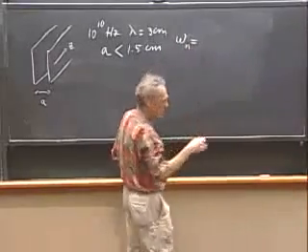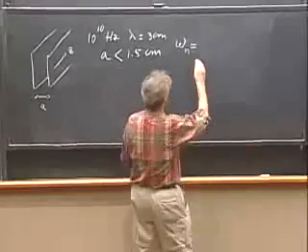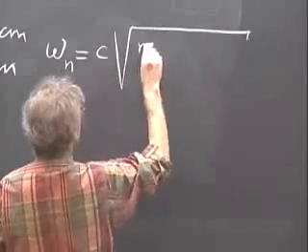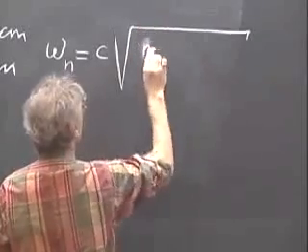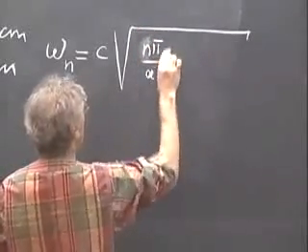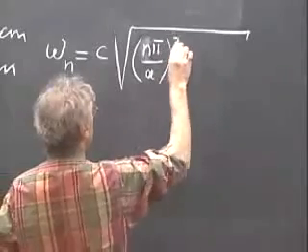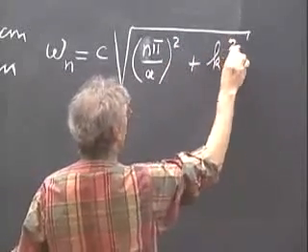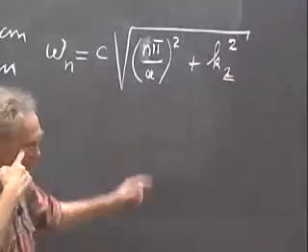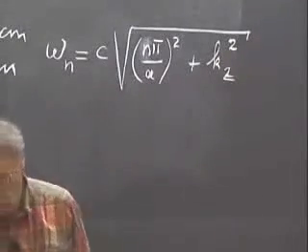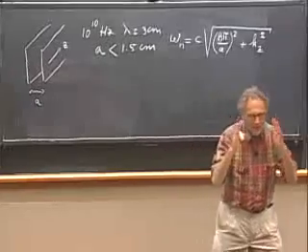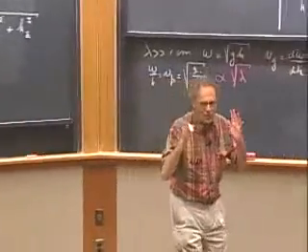Omega n, whereby n equals 1, 2, 3, 4, 5, equals c times the square root of n pi divided by a, squared, plus k of z squared. Let's first look at this term. Even though you don't see directly where it comes from, you can connect to it already. It has to do with boundary conditions.